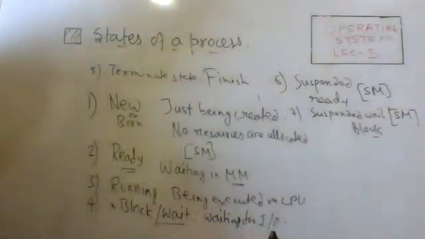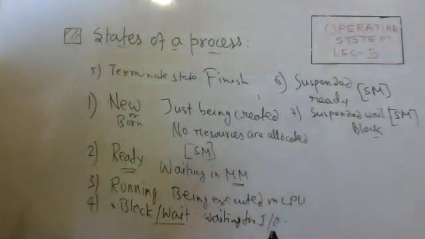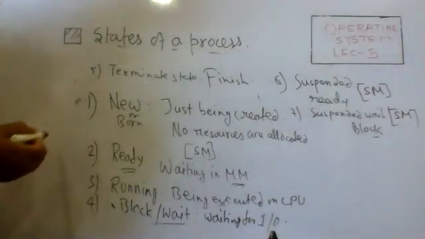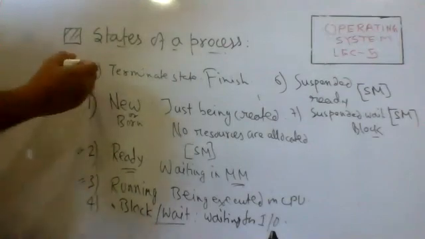Okay, so these are the different states of a process, and a process may have a minimum of 4 states, that is new, ready, running, and termination.